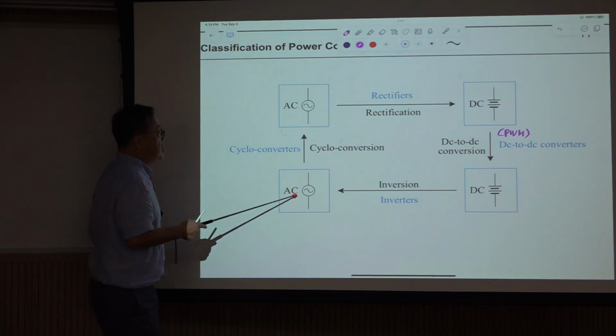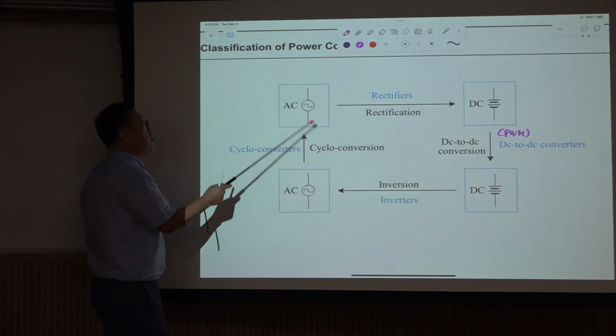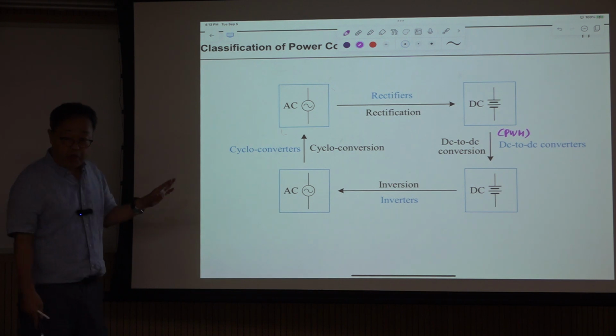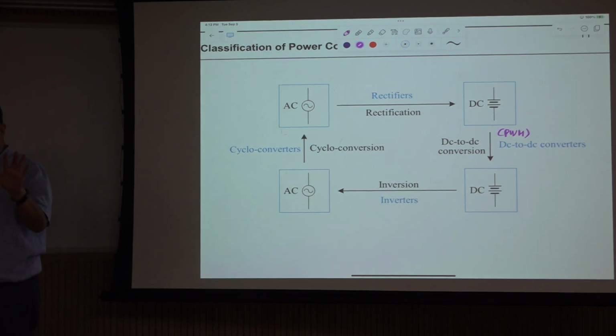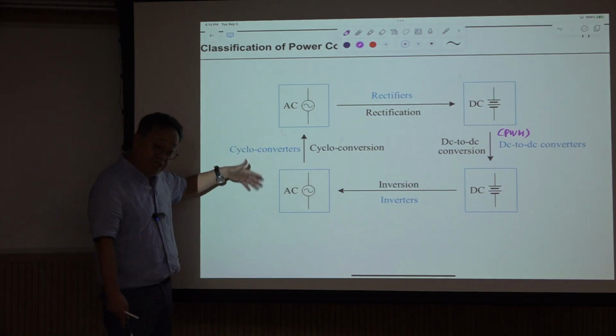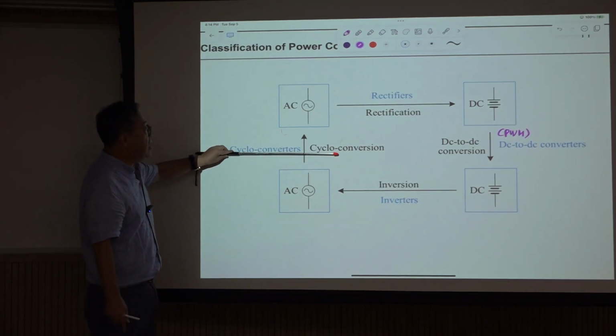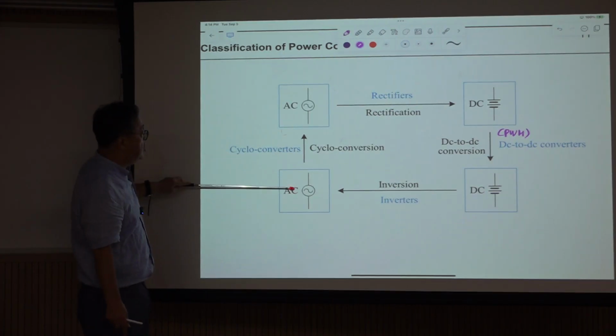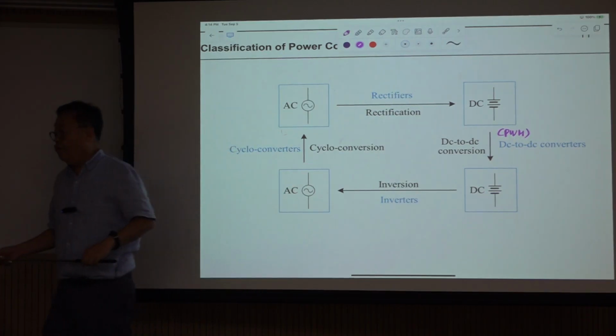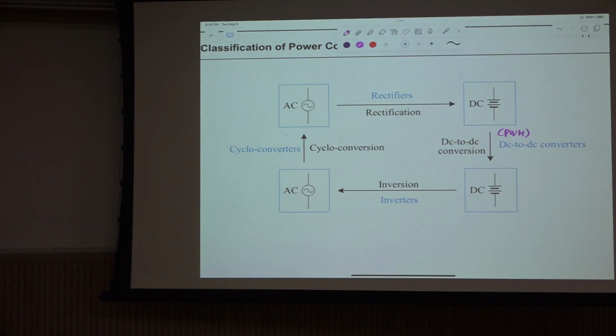And there is AC, which we need to change to another AC. What do we change? Magnitude and frequency. Changing the magnitude is easy, since a transformer does the job for you, but changing the frequency is very complicated and difficult. It's called cycloconversion. When we talk about AC to AC conversion, we mean changing the frequency of AC.